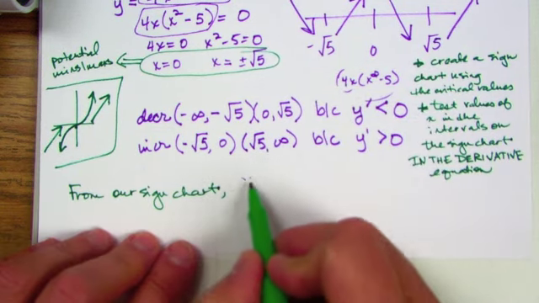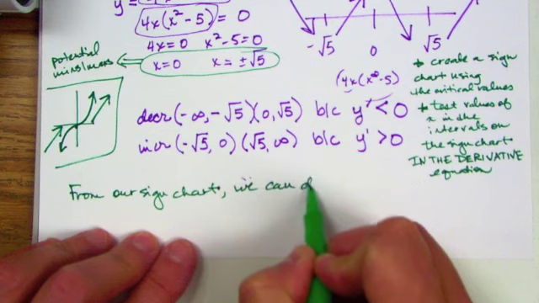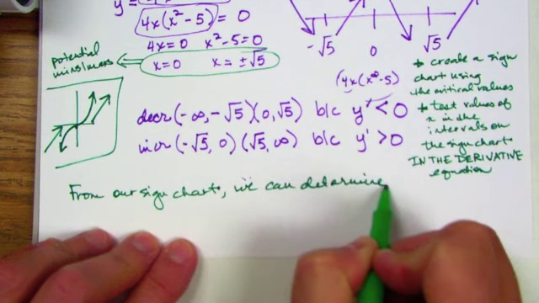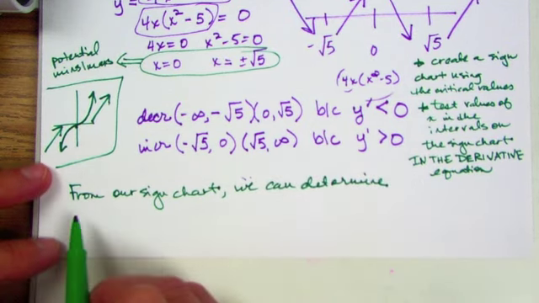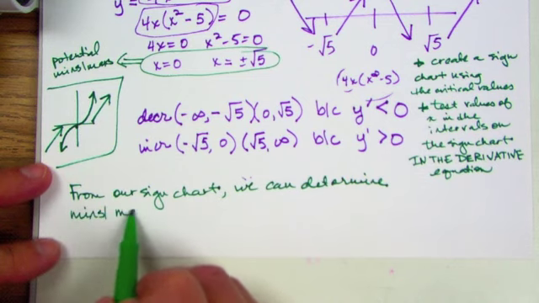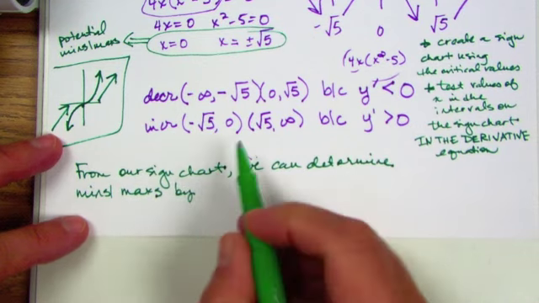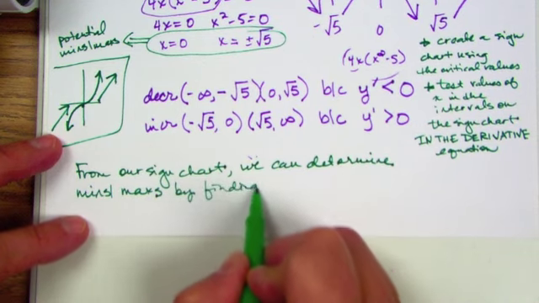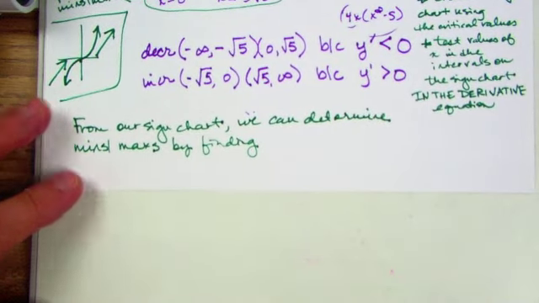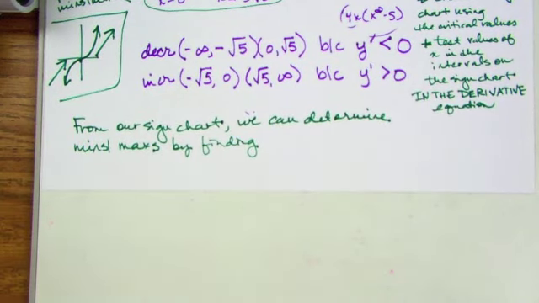We can determine mins and maxes by finding whether the function is increasing or decreasing around those values.